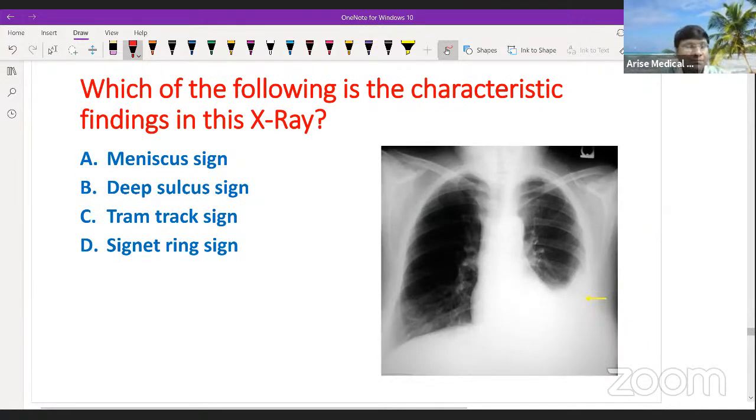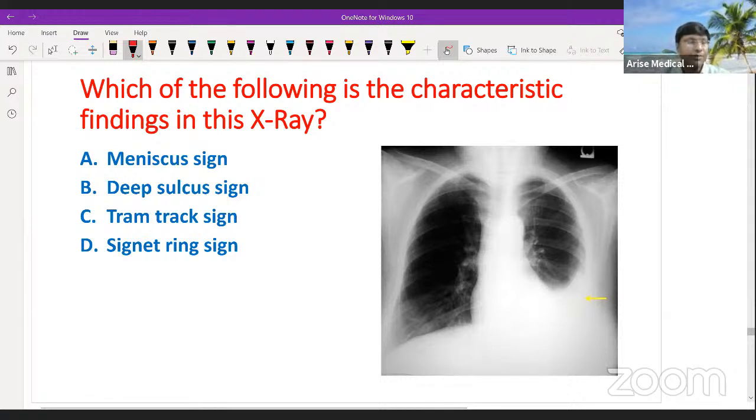Answer this. Very interesting X-ray. Which of the following is the characteristic finding in this X-ray? Meniscus sign, deep sulcus sign, tram track sign, signet ring sign. Right.